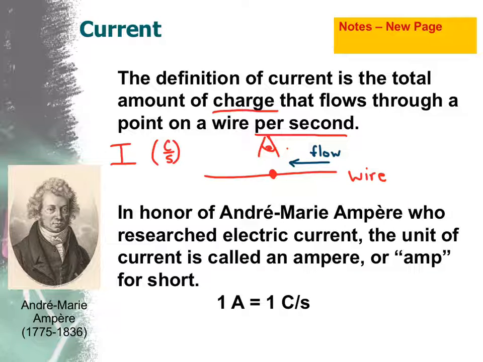So if you've ever looked at a fuse or a circuit breaker in your house, or the technical details of any piece of electronics, it might say 1 amp, or it might say 50 milliamps. That is describing to you how much current flows through that device, how much charge flows through that device per second.